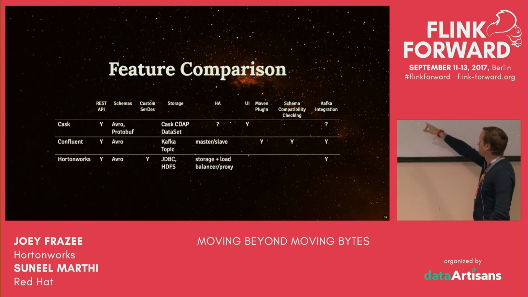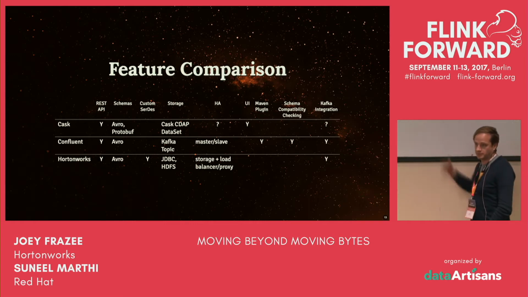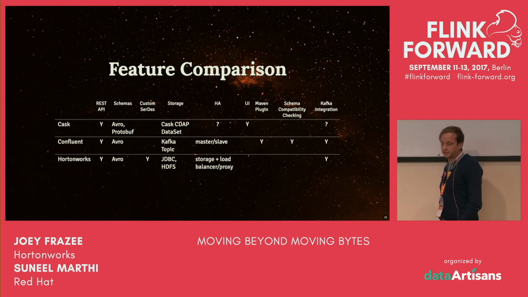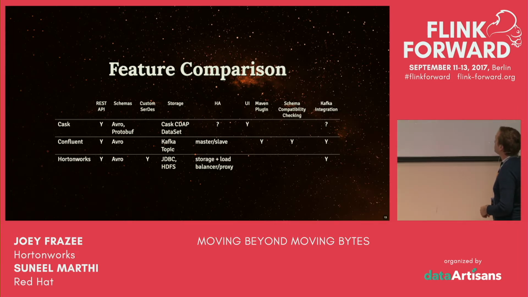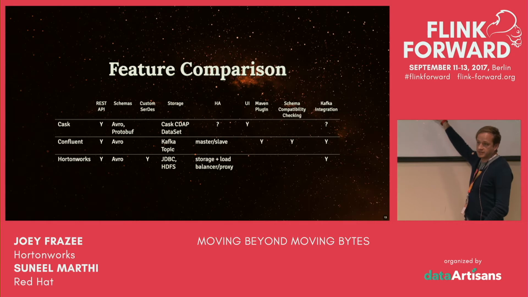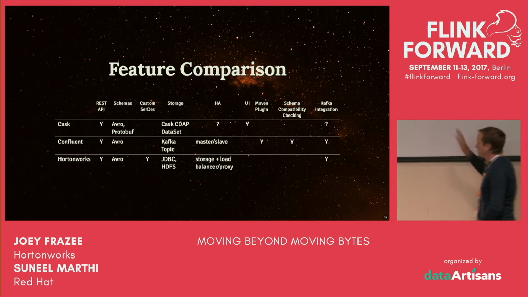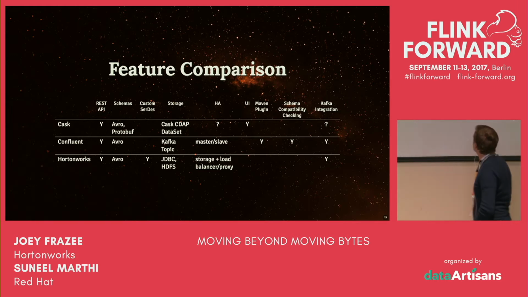On the flip side, with Hortonworks, most of the redundancy in terms of storage is going to boil down to whether you're backing it with some sort of database that is replicated or redundant. The HDFS bit is for storing serializer and deserializer jars and things like that, so that of course is going to be redundant for you. Otherwise, on the HA side, for the actual registry API, it's a pretty simple matter of just having a load balancer and proxy, because we're assuming that the storage has some kind of replication to it.